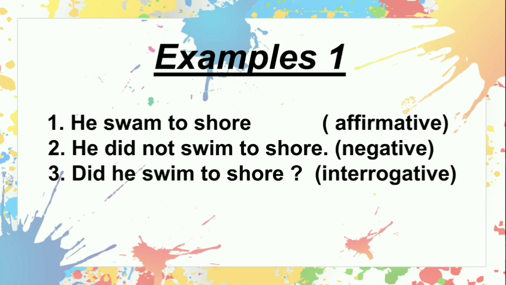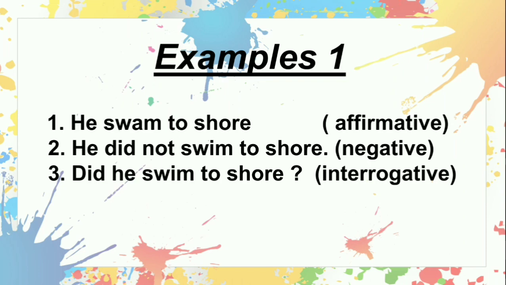Let me see an example of affirmative, negative, and interrogative. Number 1, he swam to shore. It's an affirmative. Then second one, he did not swim to shore. It's a negative. Then did he swim to shore? It's an interrogative.